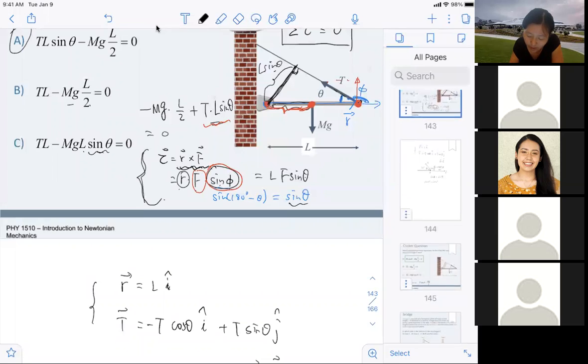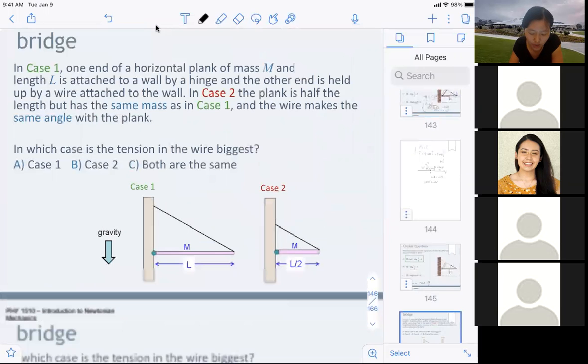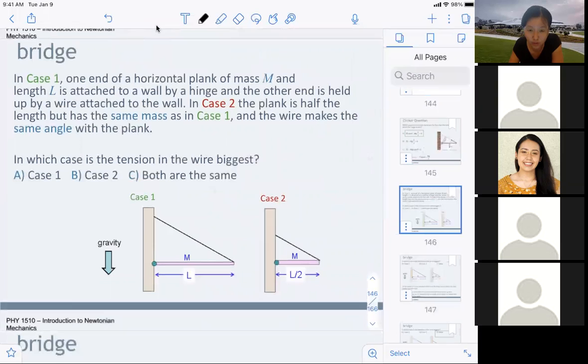Okay, all right. So if we know how to set up the torque equation, then we can answer this bridge question because it's exactly the same. We are given two different cases, and they tell us the angle is the same, right? With the plank, but just the length of the beam that we're trying to support is different. One is L, one is L/2.